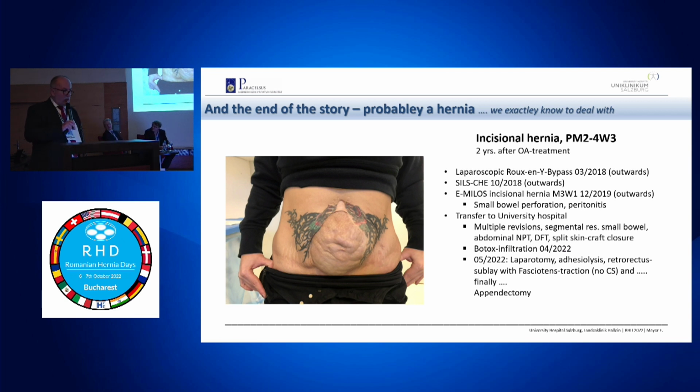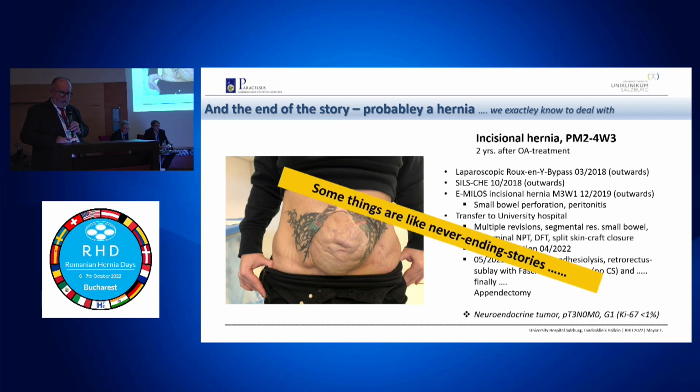And finally, we decided to perform an appendectomy because it looked a little bit strange, maybe after peritonitis, but let's take it out. Send it to the pathologists. Oh my God, things go on: neuroendocrine tumor, PT3. But the patient didn't need any kind of further surgery because of the low grade of proliferation index.